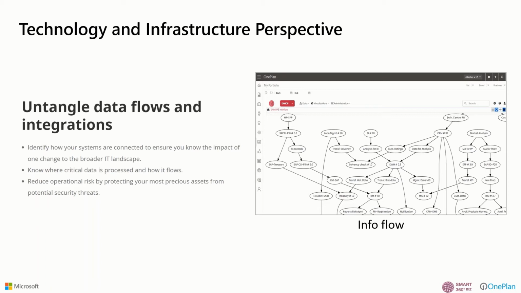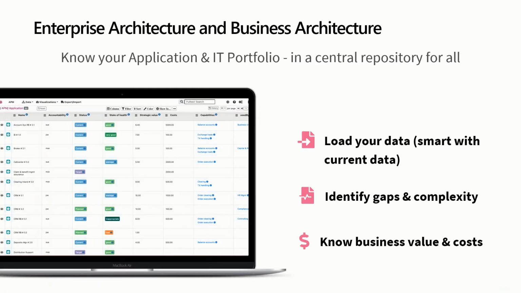So some common scenarios, and now we're getting more into the true EA, which is technology, infrastructure, data, in addition to business architecture. So how do we get started? Well, I'm going to show you in a second how we use OnePlan together with Smart 360. The best way, if you don't happen to have a business architecture or enterprise architecture area, is just to start with the data that you have.